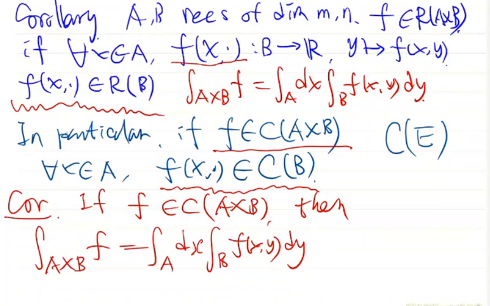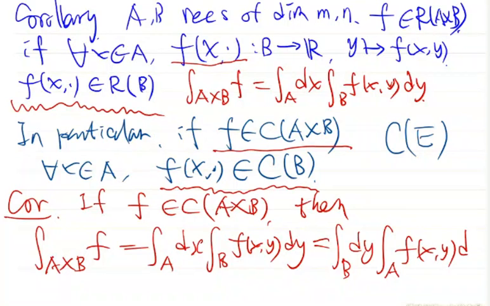Simply, the continuity of f gives us the result immediately. And then you can also switch the order of integration. You can integrate with respect to x first and then y. Okay, so this is the Fubini theorem.